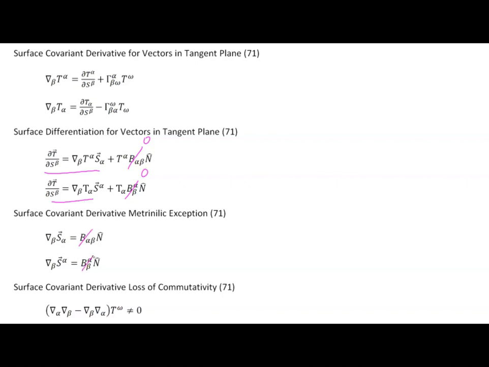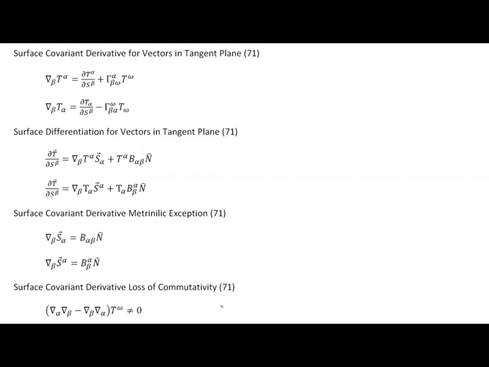Likewise, these terms would drop out, giving us 0, and we would recover the metrinilic property for our basis vectors if we're dealing in a flat space. Likewise, down here, if we're dealing in a flat space, we would be able to apply an affine coordinate system to this, and the result would again be 0. So what we've got is a general result here that includes the plane in it as a special case.